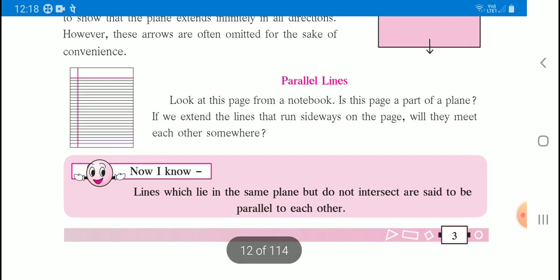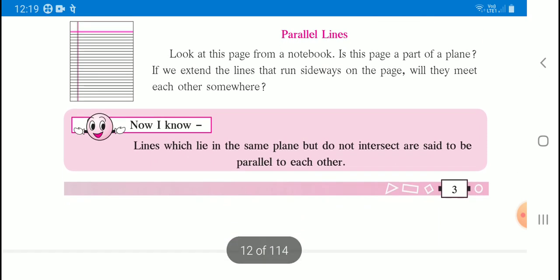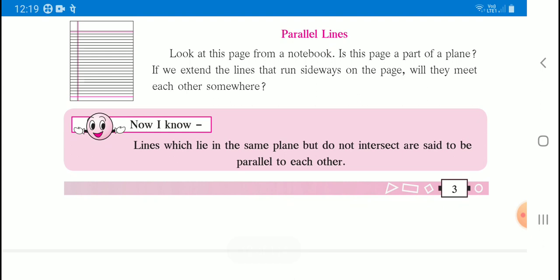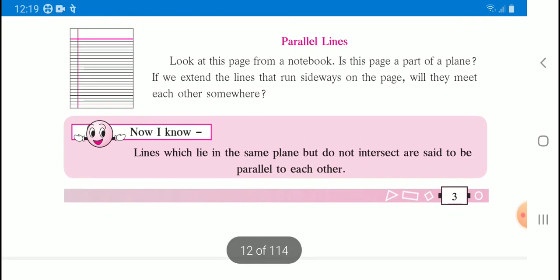Now next is parallel lines. Look at this page from a notebook. This page is a part of a plane. Is this a part of the plane? Yes, because it is a flat surface. If we extend the lines that run sideways on the page, will they meet each other somewhere?